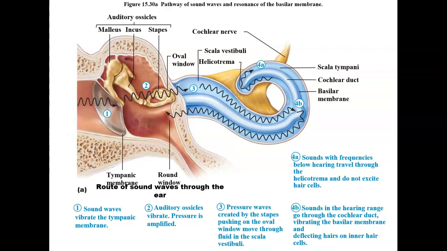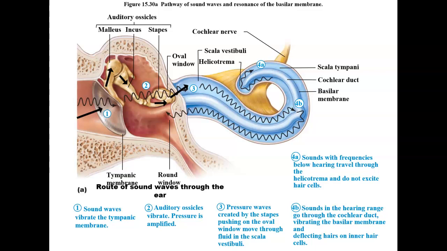So when sounds come through, to remind you one more time, sound comes through the tympanic membrane. It rocks the malleus, the incus, and the stapes, which basically rocks fluid in this particular chamber right here, called the scala vestibuli.